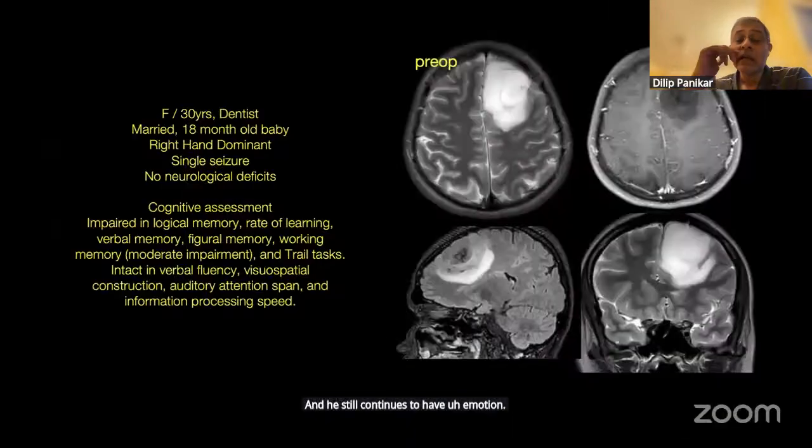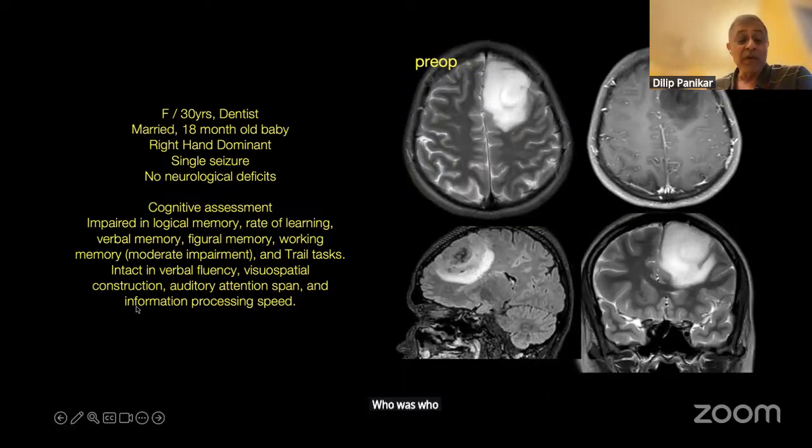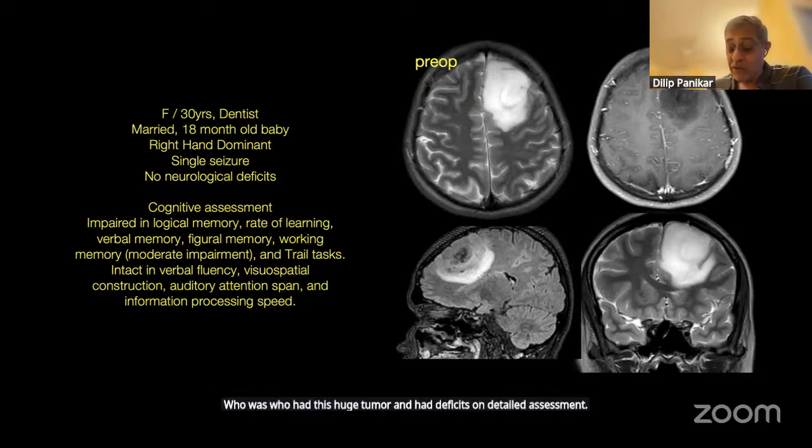issues. Now, this is a young lady, a dentist, a young mother, who had a huge tumor and had deficits on detailed assessment. She was very particular that she did not want any deficit, even at the cost of leaving behind tumor.